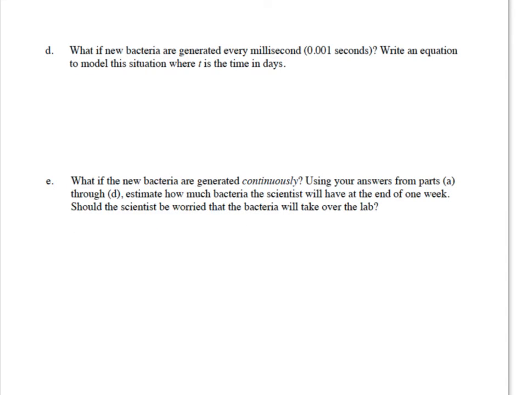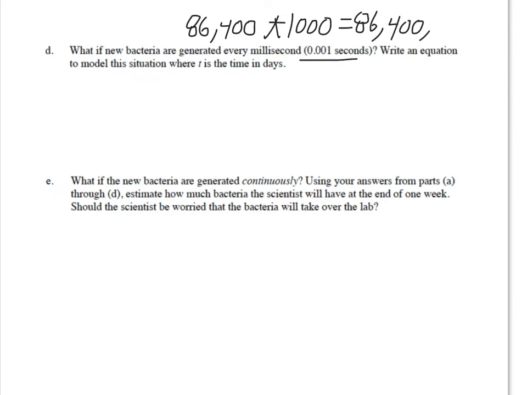But what if we do it every millisecond? So now a millisecond, that means that's every 1,000th of a second. So I'm going to take, on the previous page, 86,400 seconds per day times 1,000. I get 86,400,000 milliseconds per day.